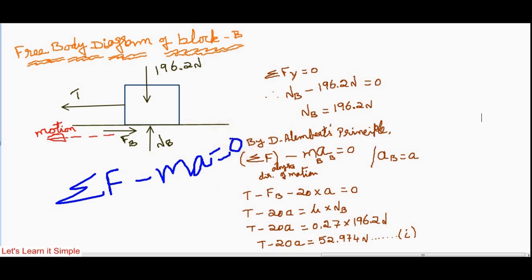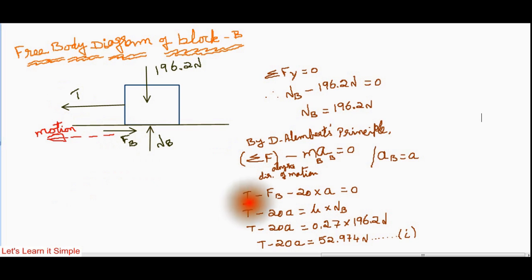Now if you look at the free body diagram, there are two forces, T and FB, which are along the direction of motion, out of which the direction of T is the same as the motion. Therefore, T is taken as positive, whereas FB opposes the motion. Therefore, FB is taken as negative.